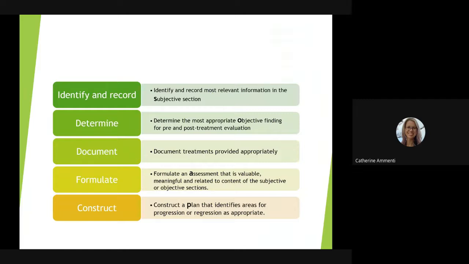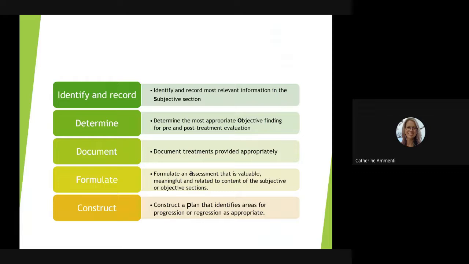So why are we doing this? We need to identify and record the most relevant information in our subjective section. That is the S in the SOAP note, what the patient is reporting. Then we need to determine the most appropriate objective findings for the pre- and post-treatment evaluation.